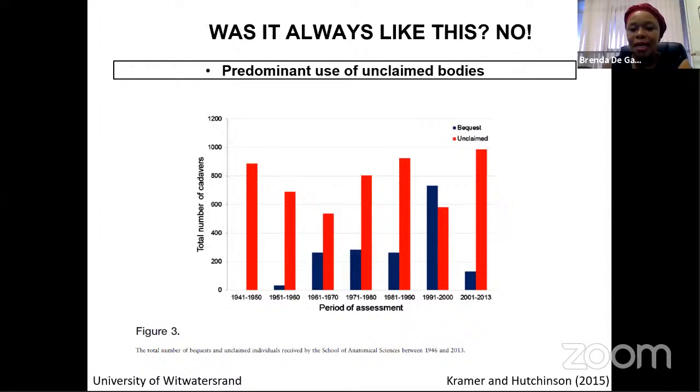Has it always been like this? No, not really. And we see this in a snippet from the University of Witwatersrand and from literature that we had a movement from predominantly being unclaimed, as you can see shown in red, and we've moved to an increase of bequest bodies up until 2013.